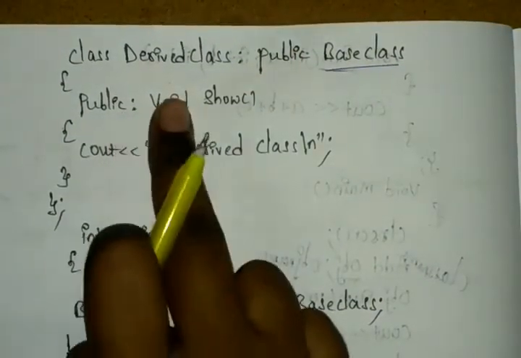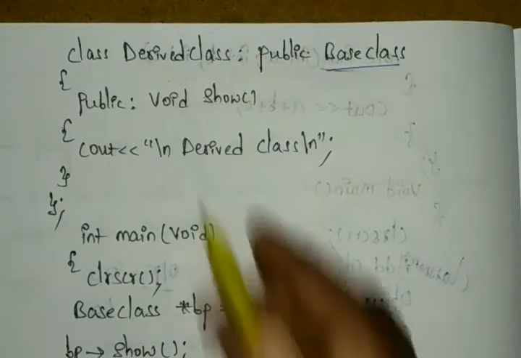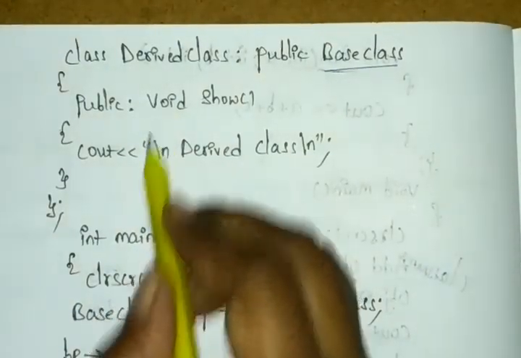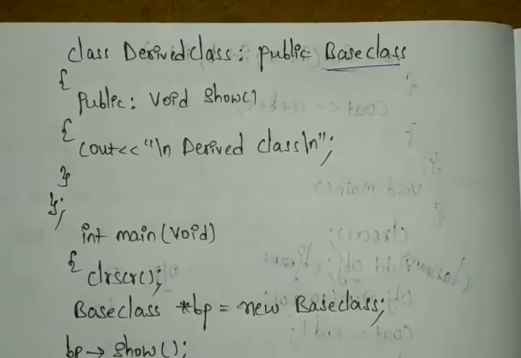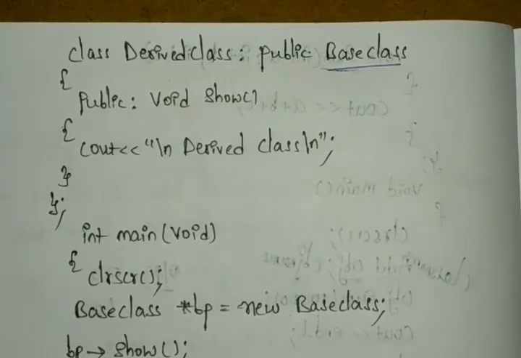In the base class we used virtual, but in the derived class there is no virtual; you can directly define the function name with the return type.